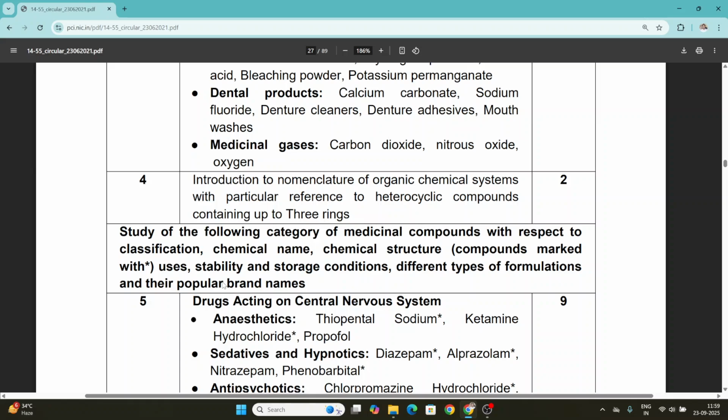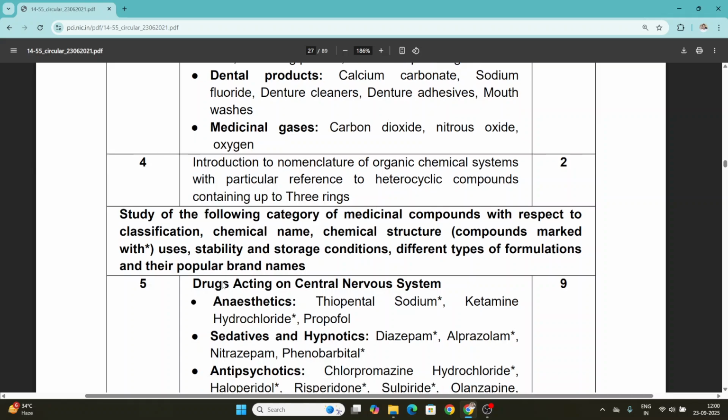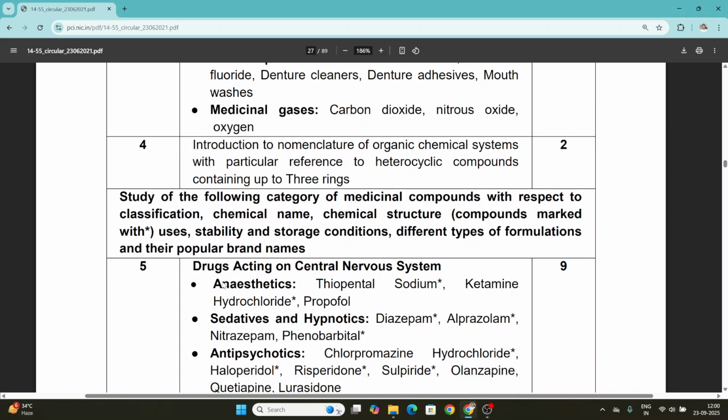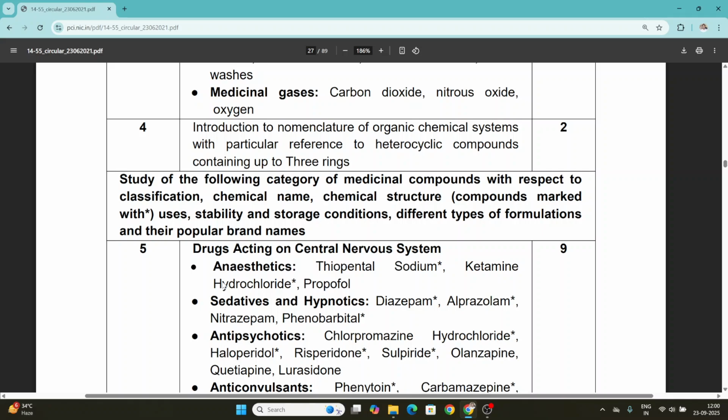Chapter 4. Introduction to nomenclature of organic chemical system with particular references to heterocyclic compounds containing up to 3 rings. Study of the following categories of medicinal compound with respect to the classification, chemical name, chemical structure, compound marked with star, uses.